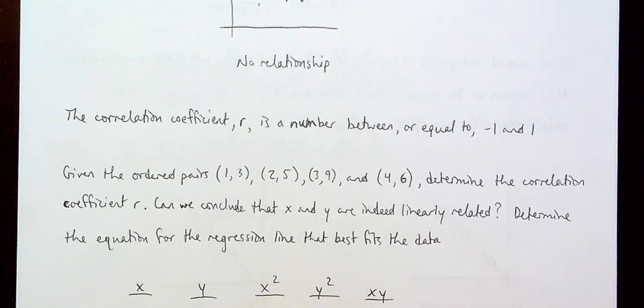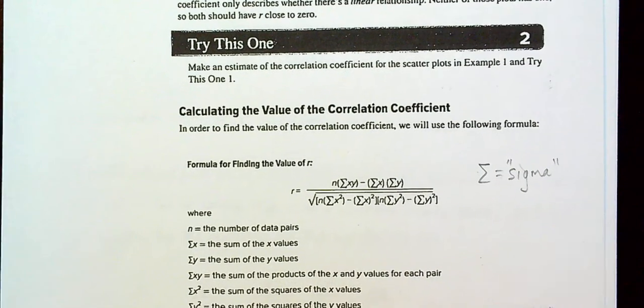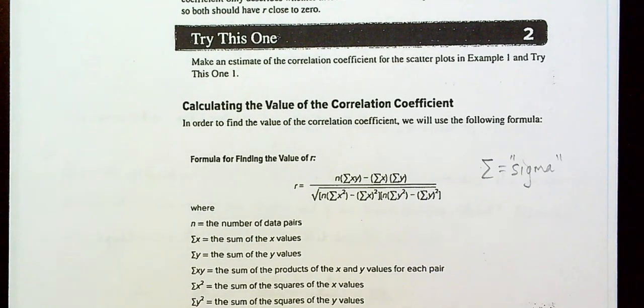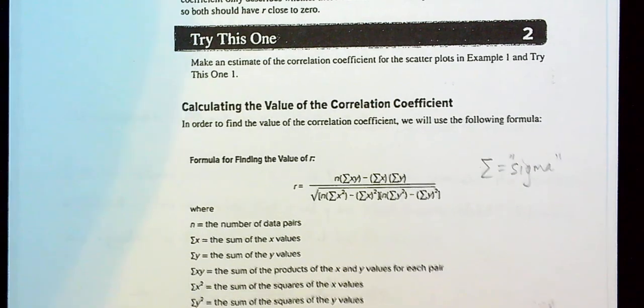Well, looking back at our formulas, we have all these sums of things, sums of the x values, sums of the y values, sums of the squares of the x's, sums of the squares of the y's. So let's just actually get what each of these things are first, and then once we have those numbers, we can just substitute them into this formula.